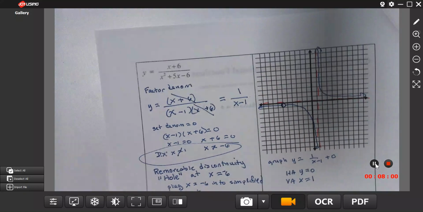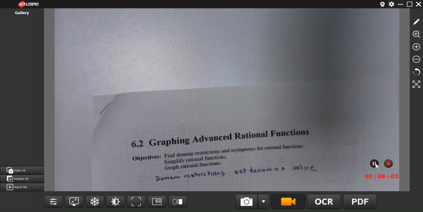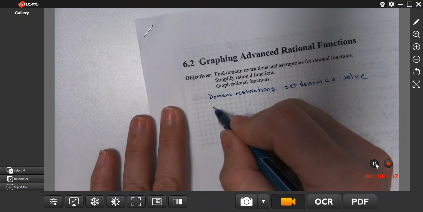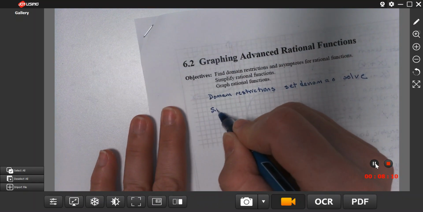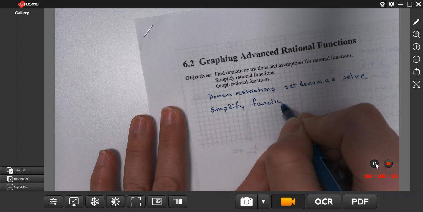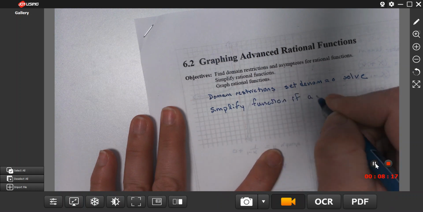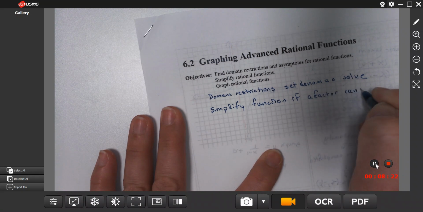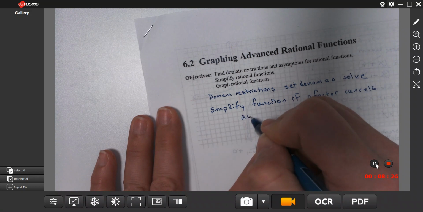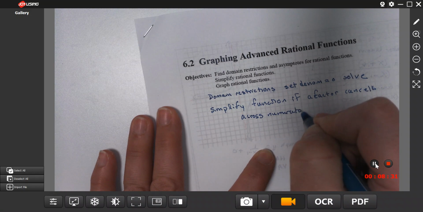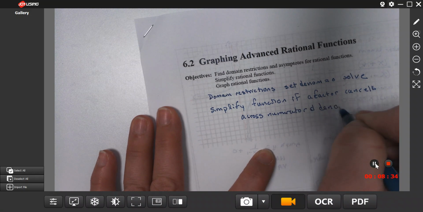Now we're going to go back and put on the front page about removable discontinuities. So the next thing we want to remind ourselves is we can simplify the function if a factor cancels across the numerator and denominator.